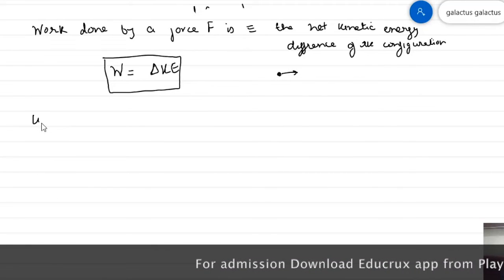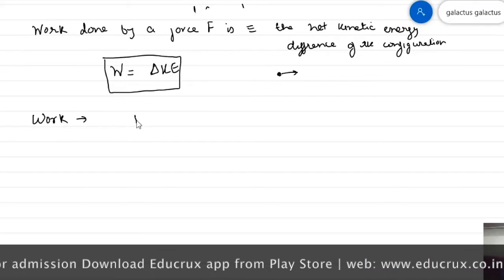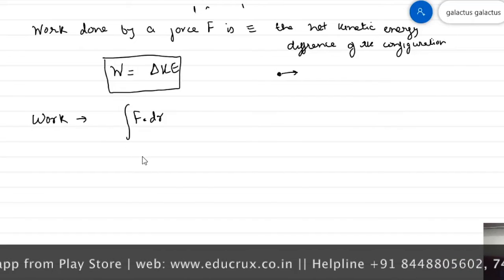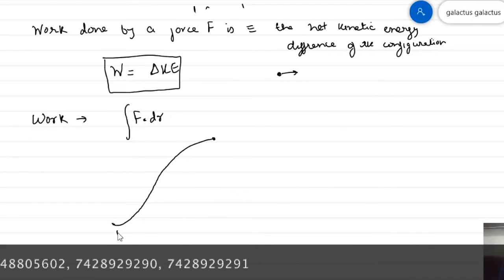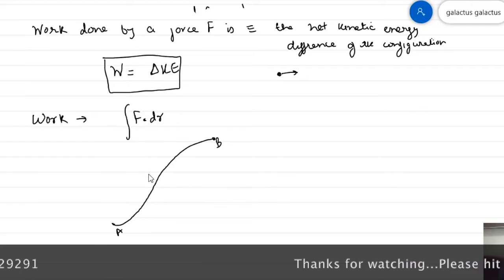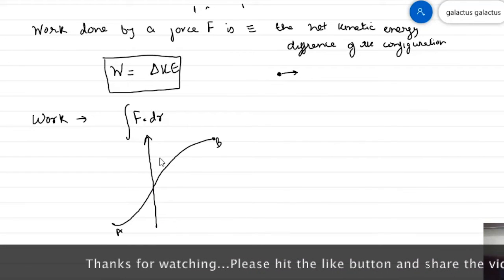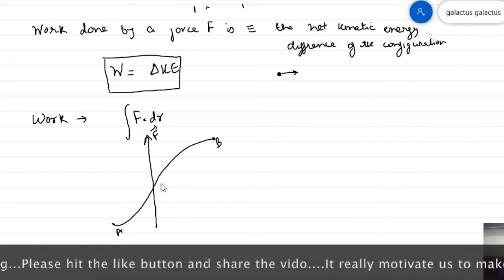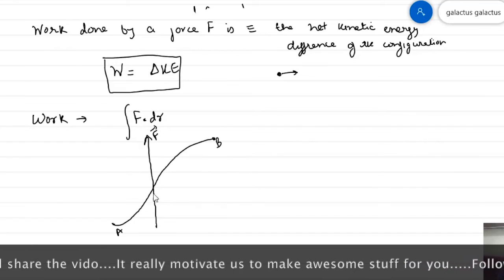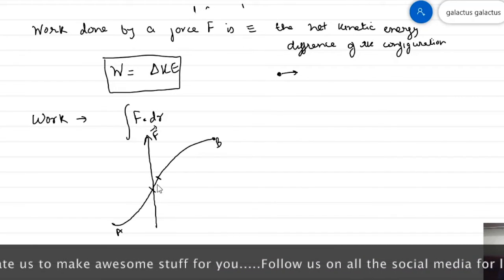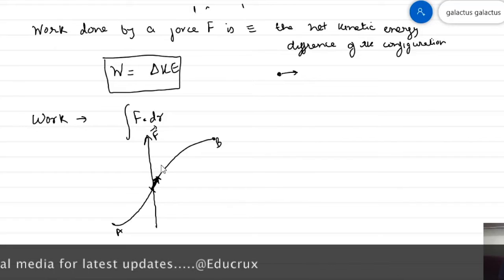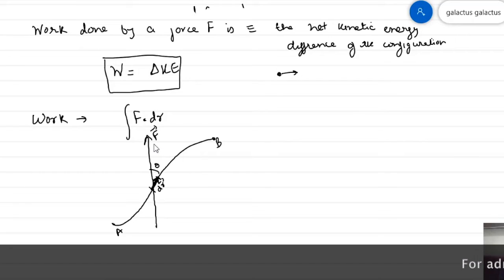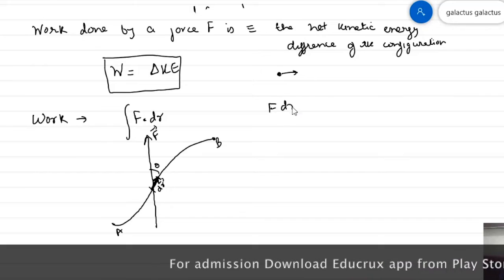The definition of work is given by F dot dr. Suppose I have a particle that is moving from point A to B under an applied force F. At any point along the trajectory, if I take a displacement vector dr, then the angle between F and the dr vector is some theta.